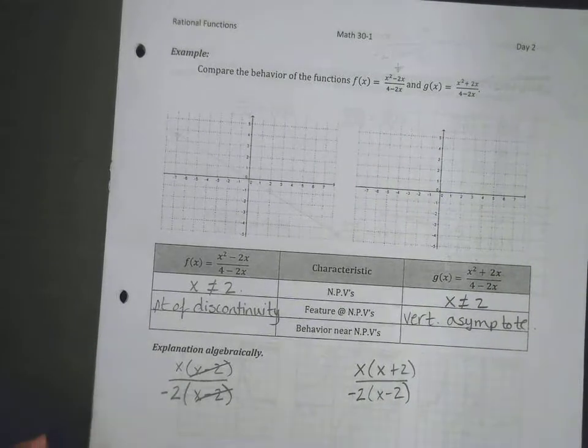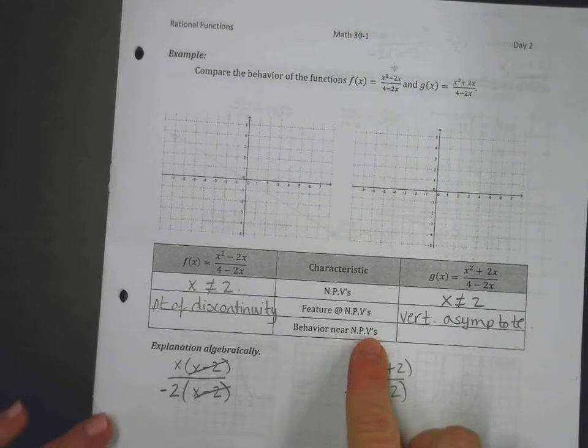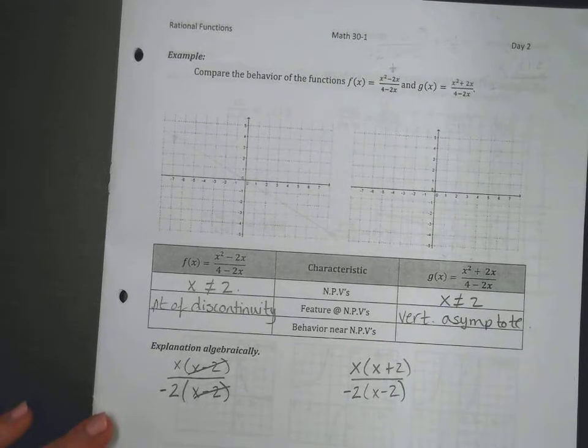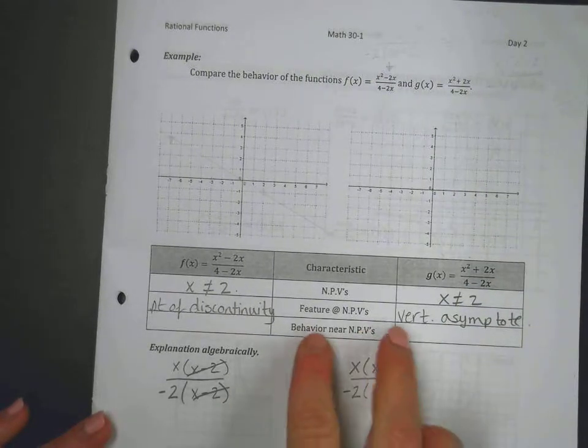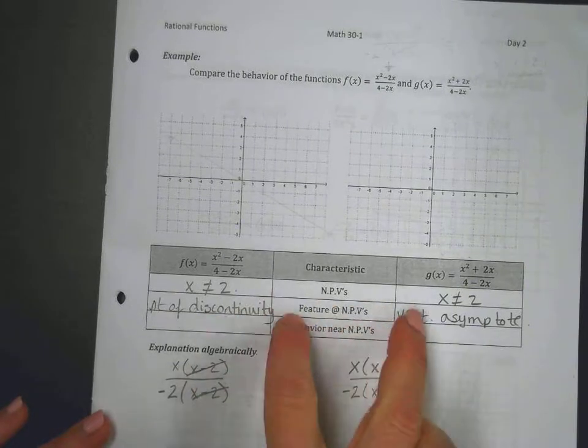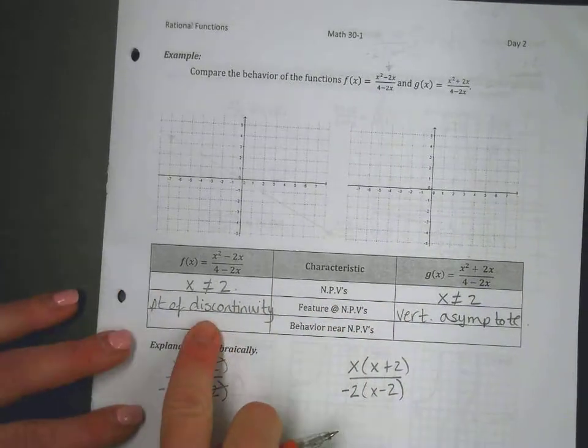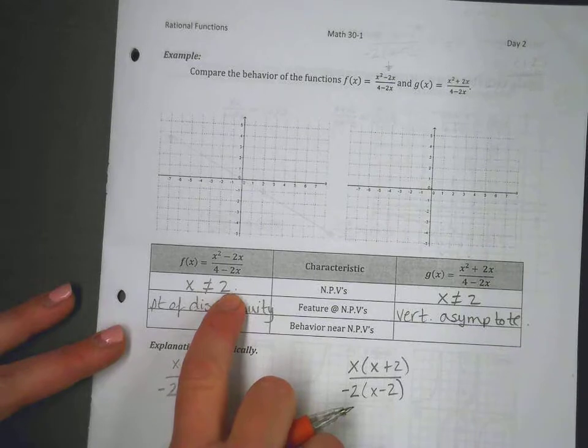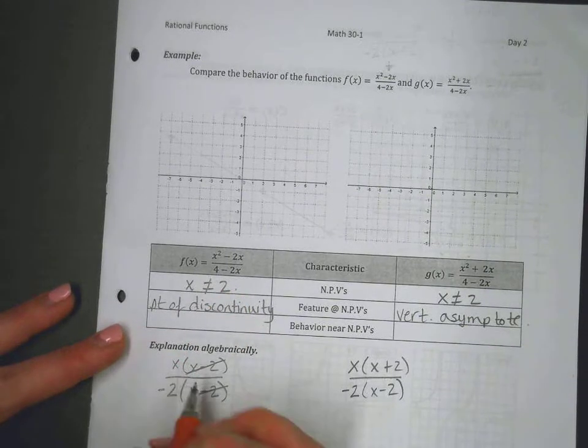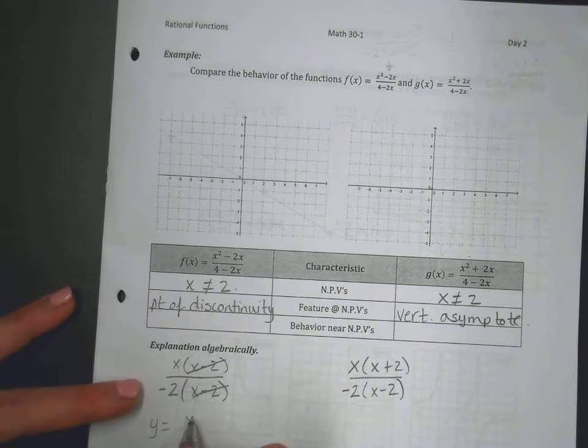To determine the behavior near that non-permissible value, we want to think of it as the graph approaches those values. For the point of discontinuity, we can substitute our non-permissible value into our simplified function. This function simplifies to x over negative 2.